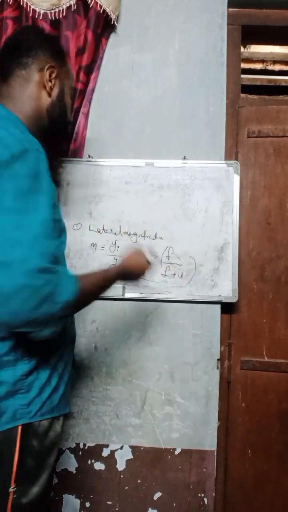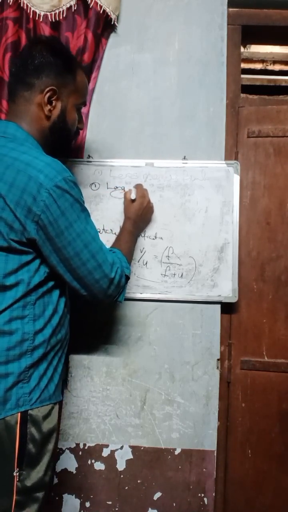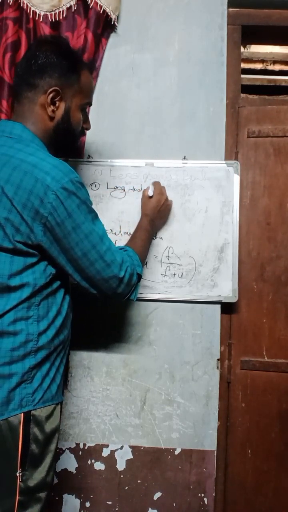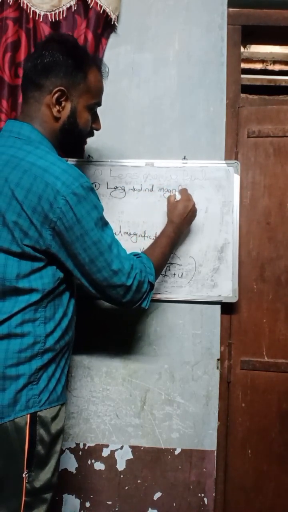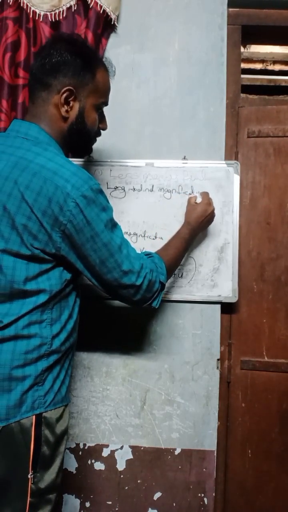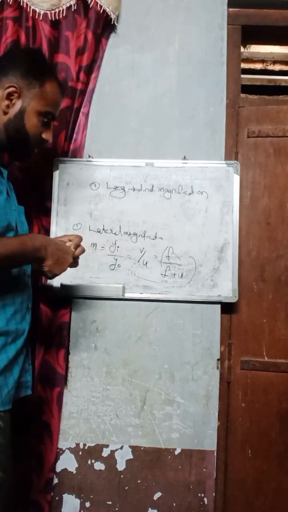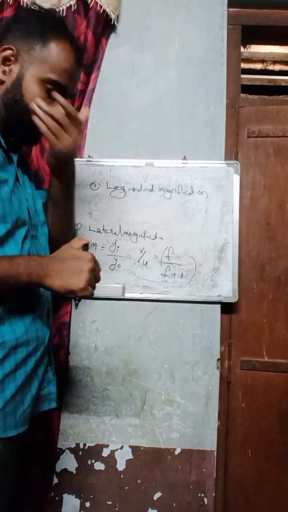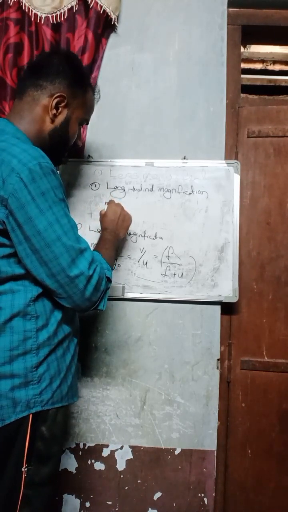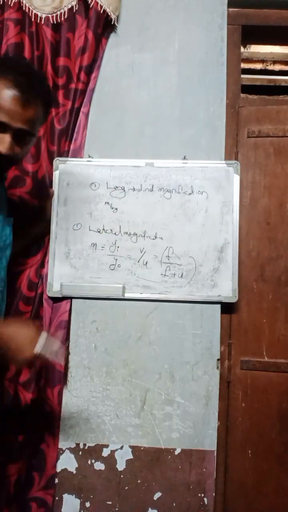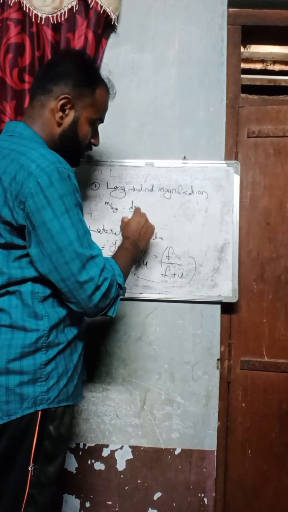One more is there, longitudinal magnification. Longitudinal magnification is defined as M longitudinal is dV by dU. This dV by dU is not velocity.